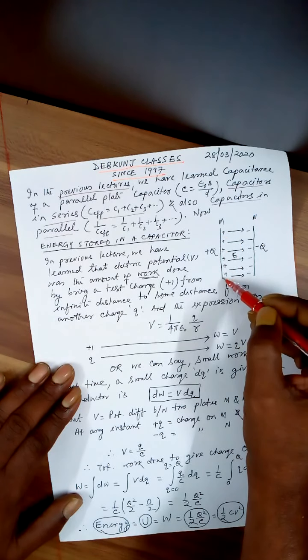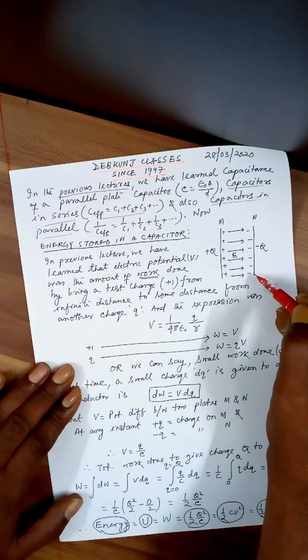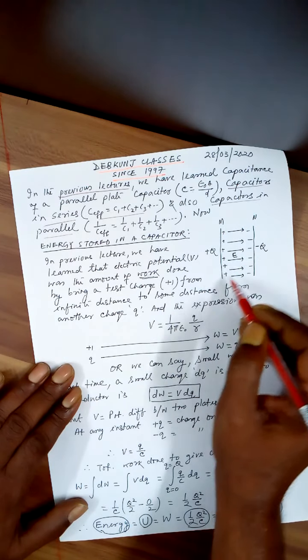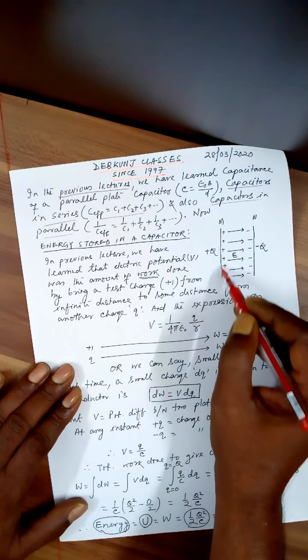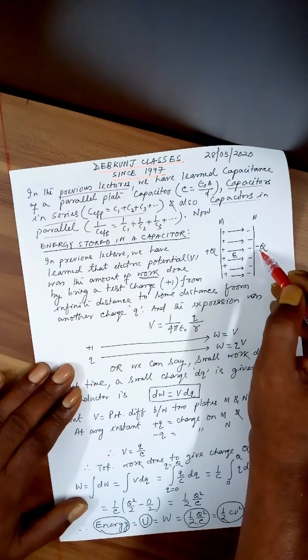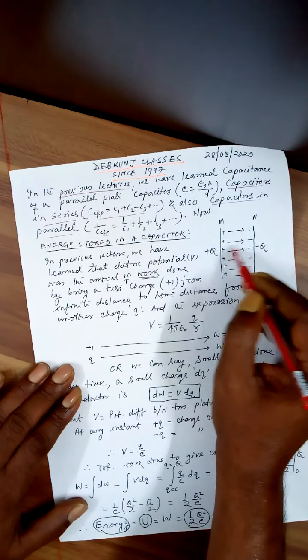This is one plate, this is another plate, of course conductors M and N. This is given a charge plus Q, this is therefore minus Q, so there is an electric field E between the plates.